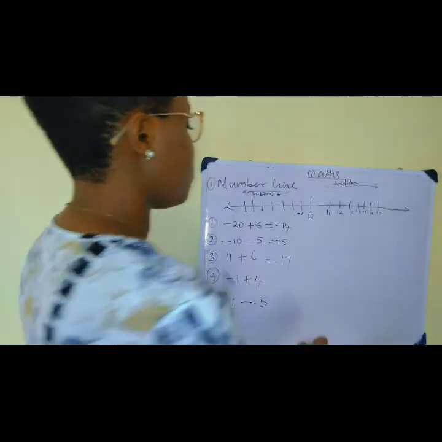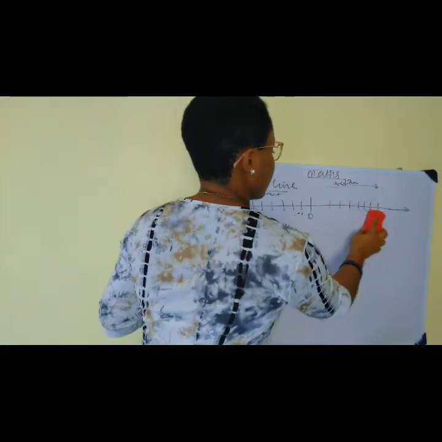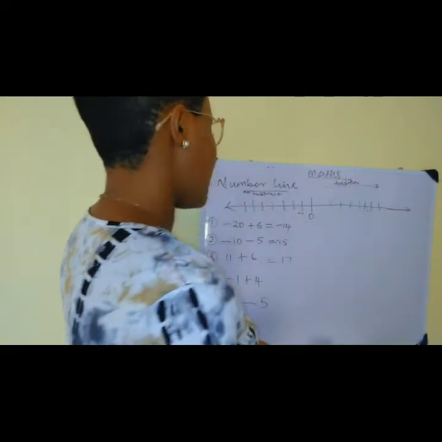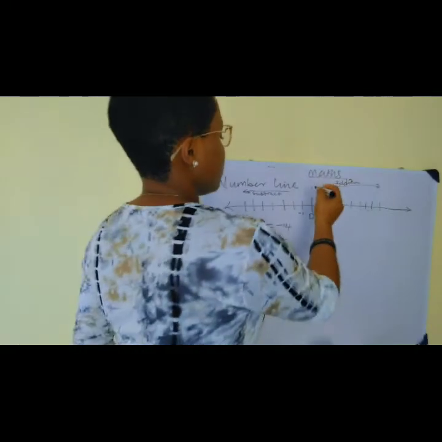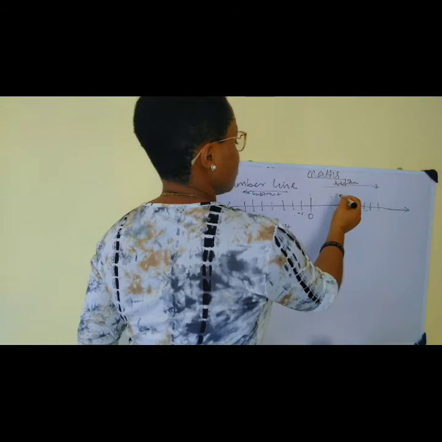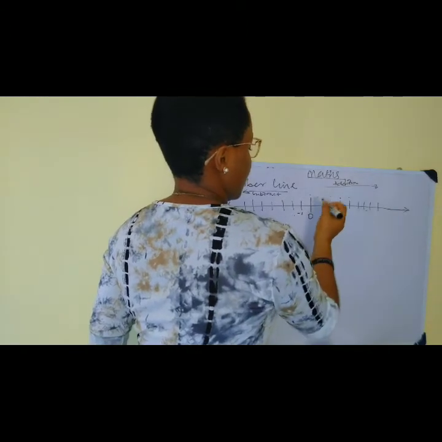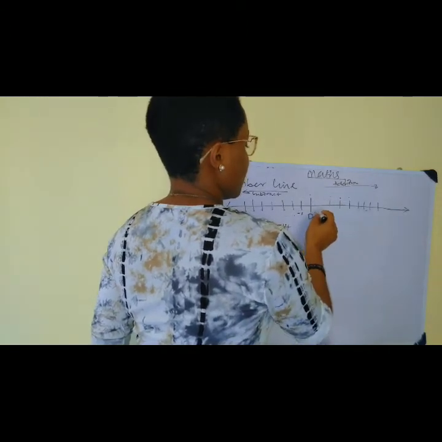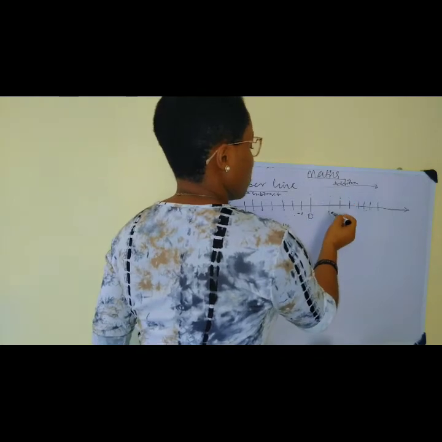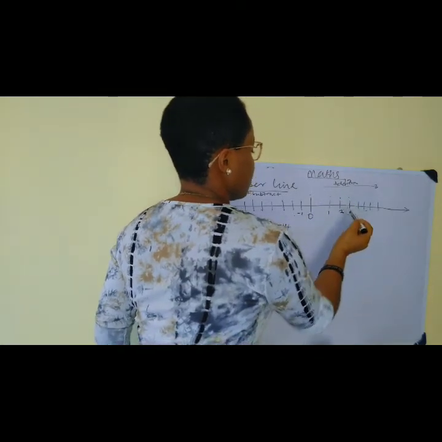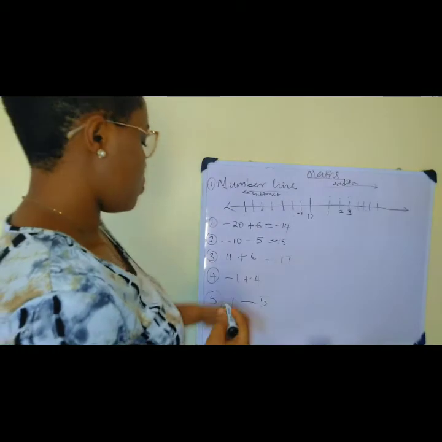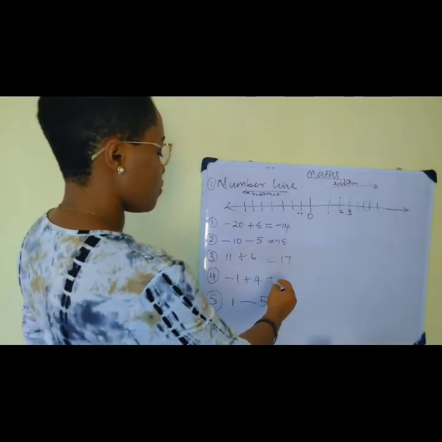Negative 1 plus 4. So let's go ahead and count 4 points to the right. This is 1, 2, 3, 4. Now we have 0 here, and the next one after 0 is 1, 2, 3. So negative 1 plus 4 will give us 3.